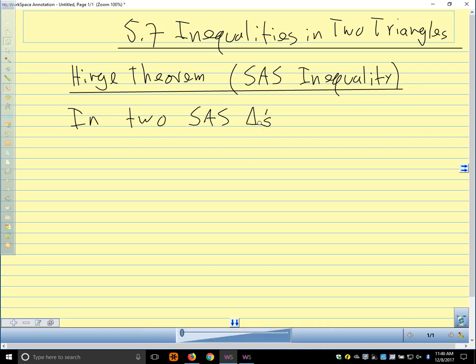And remember what we mean by an SAS triangle. We have two sides and an angle between them.